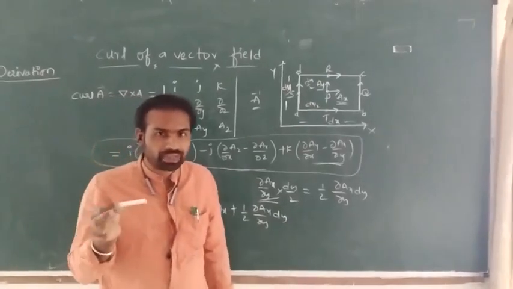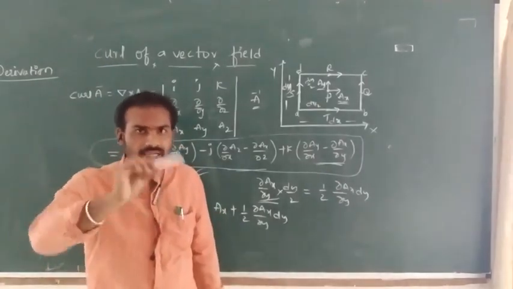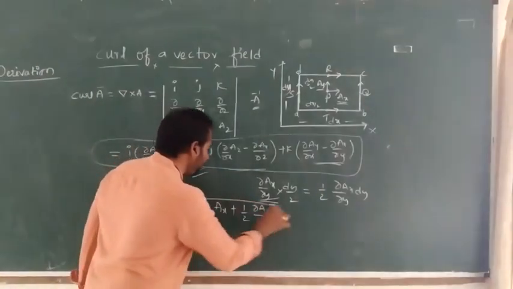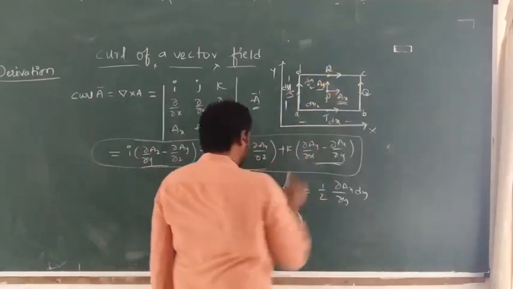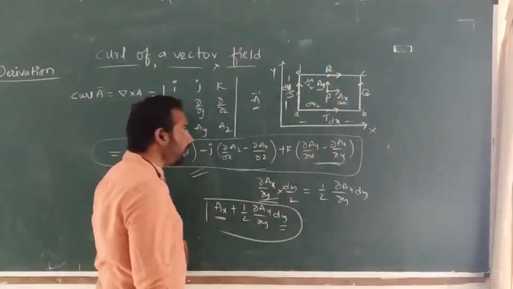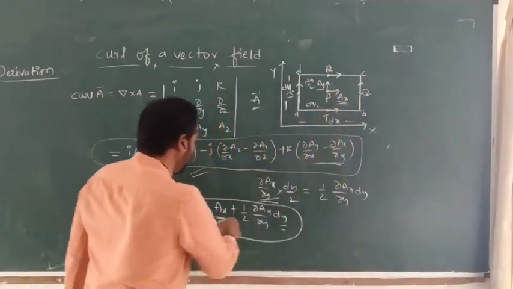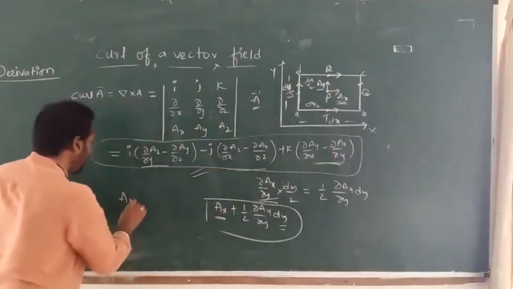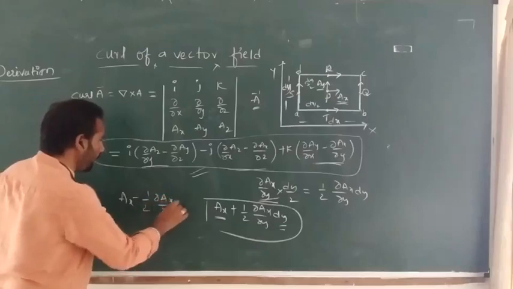Now we take the change of the Ax component along the y axis, because curl is nothing but rotation. So the value of Ax at R is Ax plus half dou Ax by dou y into dy. Similarly, the value of Ax at T will be a negative value, that is Ax minus half dou Ax by dou y into dy.